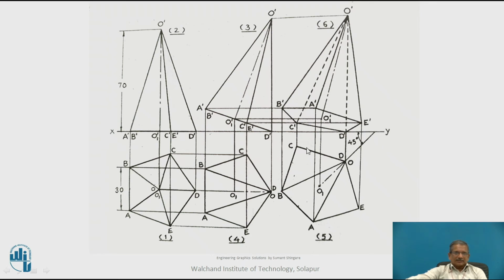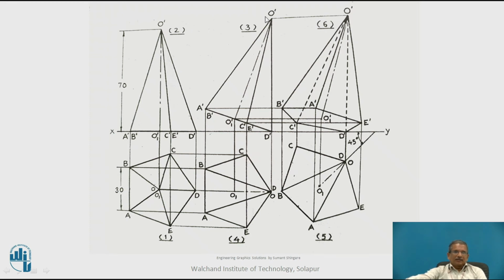So if you observe, as C is away from the observer, OC is dotted, OD is dotted because OD is lying on the same point. Okay, so projected upwards, draw this A, B, BC, CD, DE and EA dark lines because this total base is visible to the observer here, as base is towards the observer and apex is away from the observer.